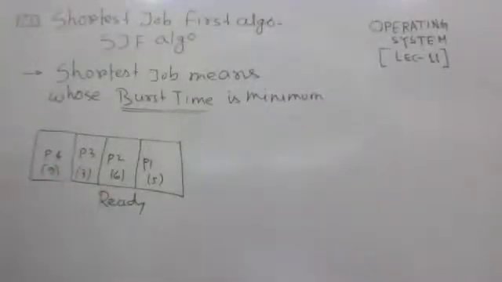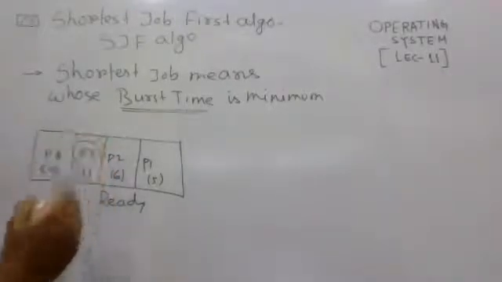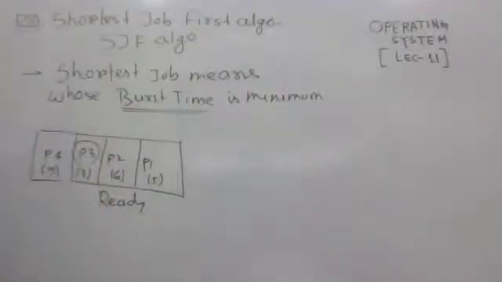So in the ready queue we have 4 processes, and one of them we have to choose for execution. Here the minimum burst time is of the process P3 with burst time 3 units. So this P3 is called the shortest job, and obviously in this situation we have to schedule P3 first.